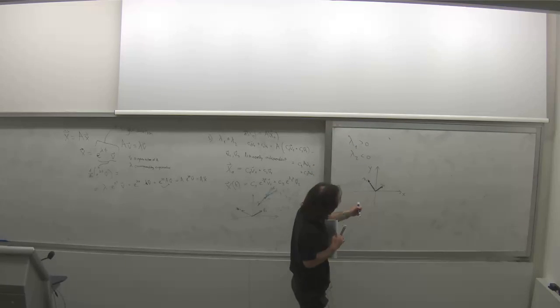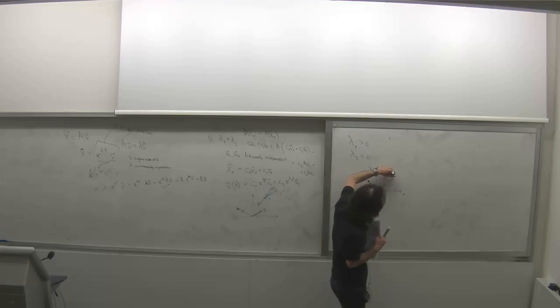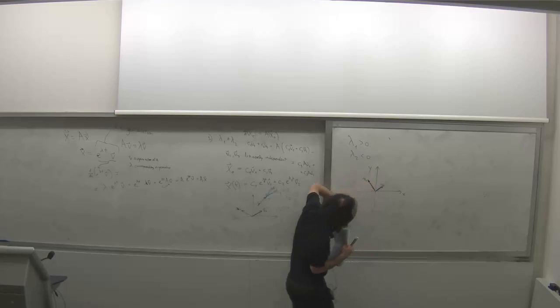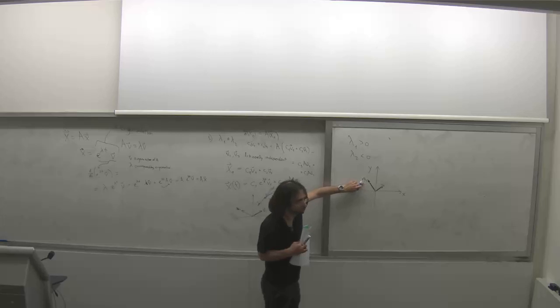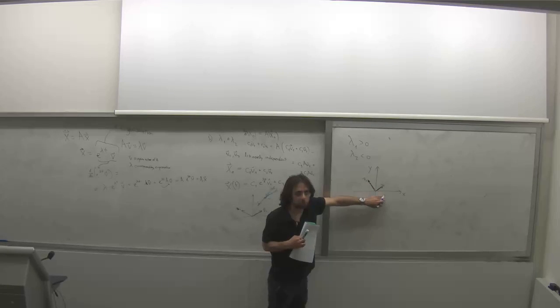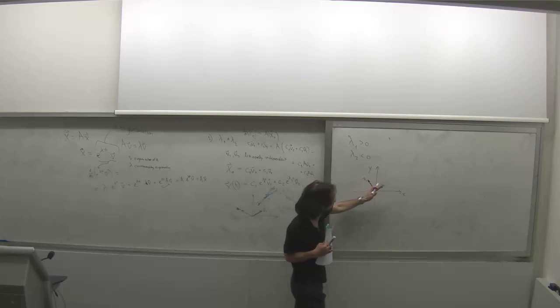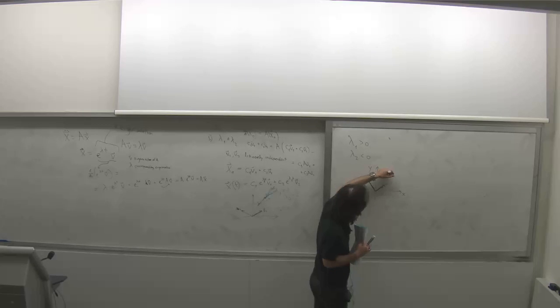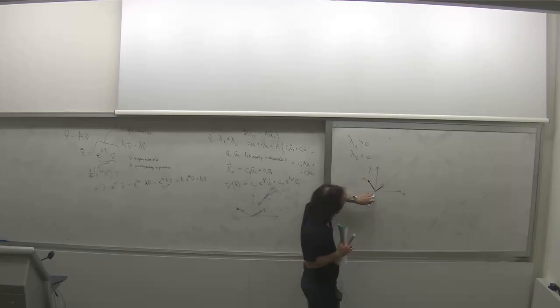So I can already draw what happens for all initial conditions which have no component of V2. They can be defined only using V1. They are on the direction of V1. So these initial conditions will run away from the fixed point at 0, 0.